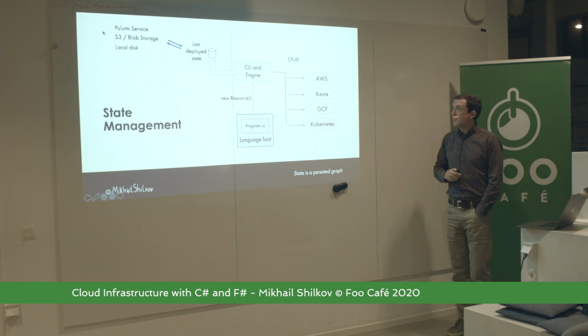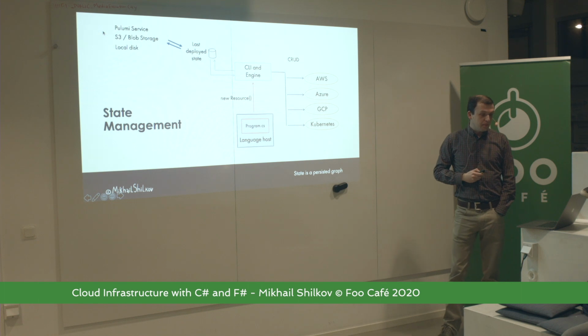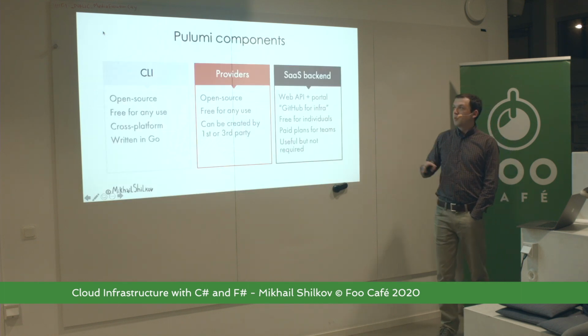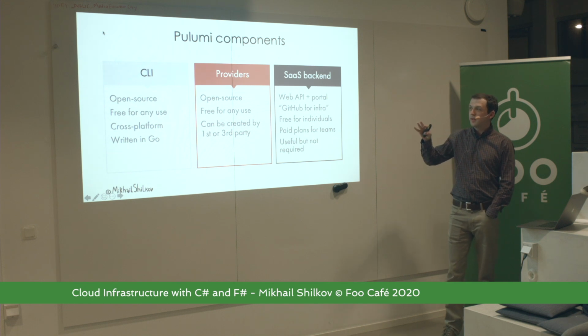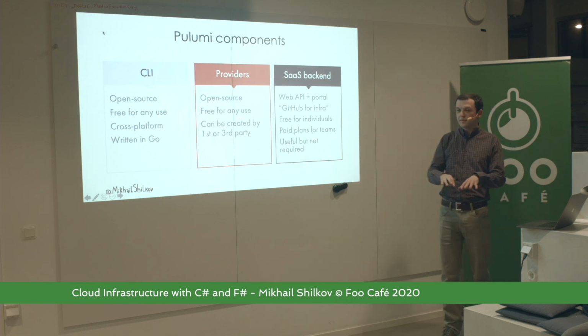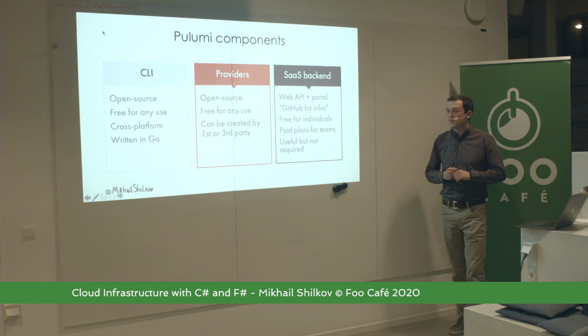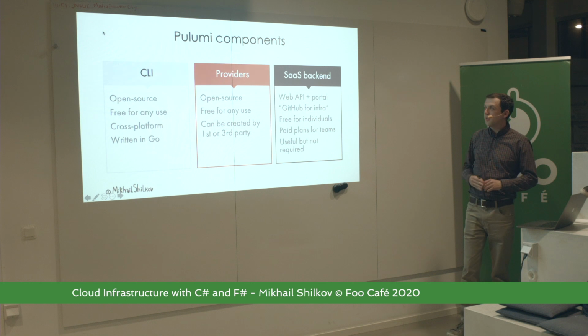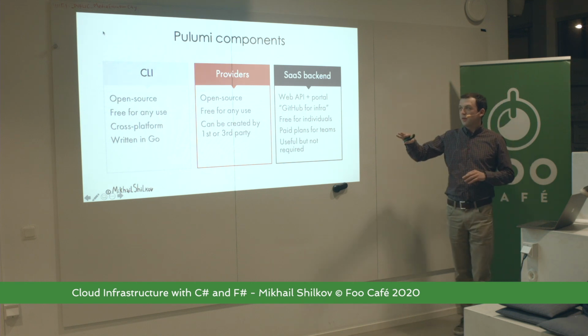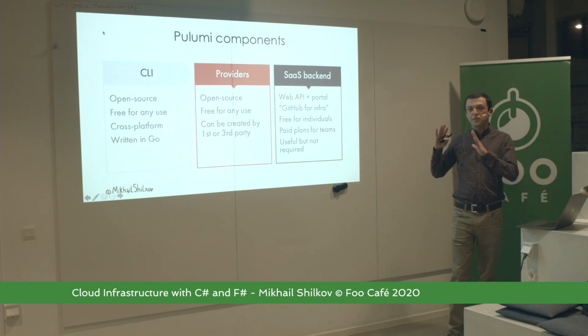Yeah, good. So to reiterate, Pulumi, the product consists of several components. The most important ones are the command line interface, the one I typed in the console, and providers that talk to actual clouds, and both of them are open source. You can see it all on GitHub.